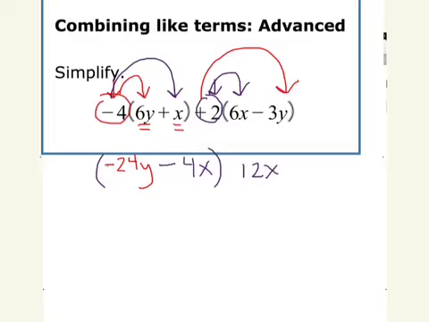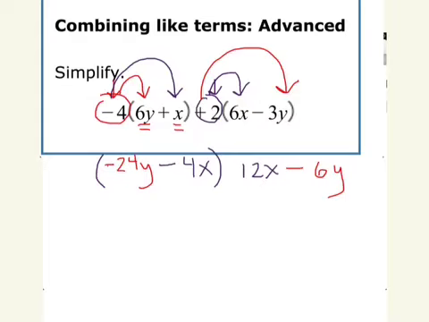Once again, odd number of negative signs in that problem. There's one negative sign, so the product or the answer to that multiplication situation is going to be negative, and it is a negative 6y. Alright, so the distributive property has been completed.